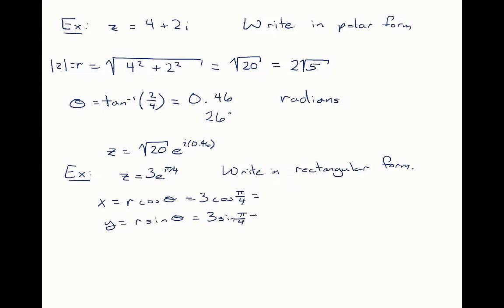So we're going to be using trig a lot, so make sure you know your unit circle or that you have a reference handy. And I don't particularly care if you have square roots in the bottom. I know some people do, but I'm fine if you just want to write it this way. So then our complex number in rectangular form looks like this.